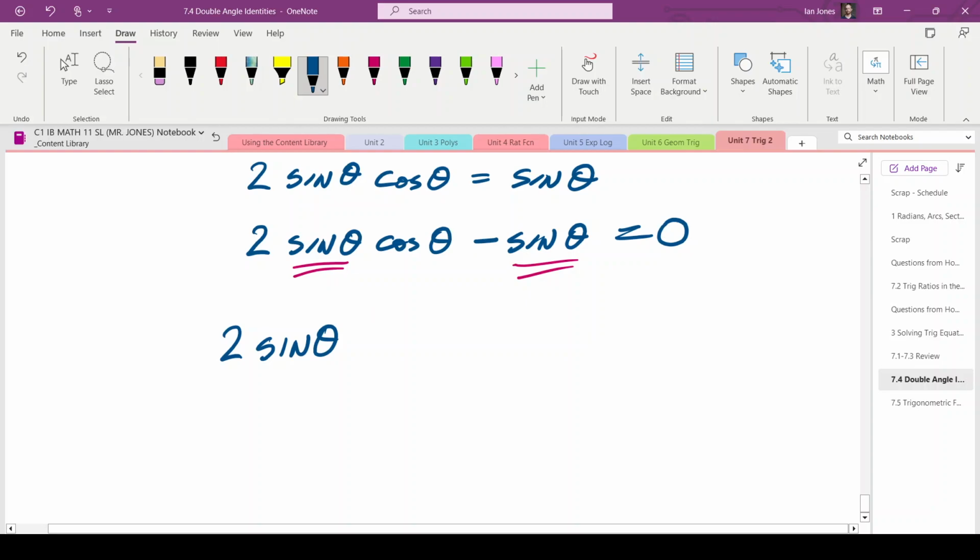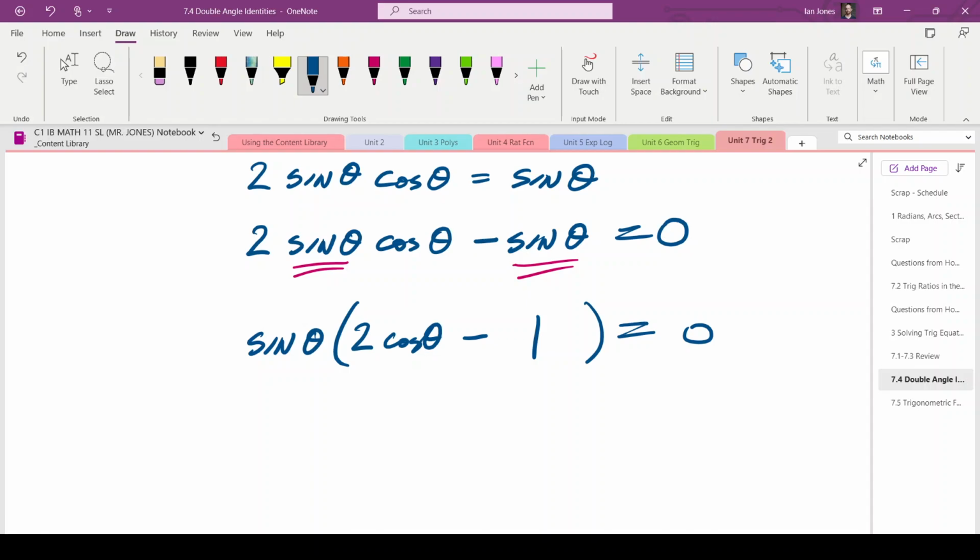I'm going to factor out sine theta, and I'm left with sine theta times what equals this? Well, the parts that are not underlined in red, 2 cos theta. Sine theta times what equals this? Well, 1.